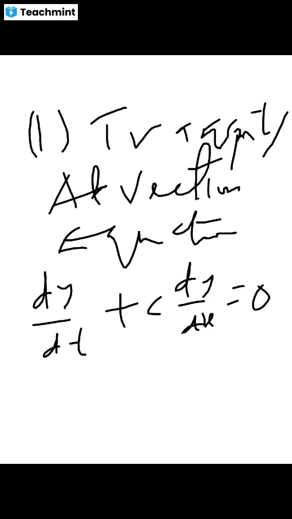Anything that looks like this, where c is a constant, so you have your dy/dt and your dy/dx, you should know that your solution consists of functions that have t and x as independent variables. So this is a transport or advection equation. When your partial differential equation looks like this, you should know that the method for the transport or advection equation can be applied to solve it.